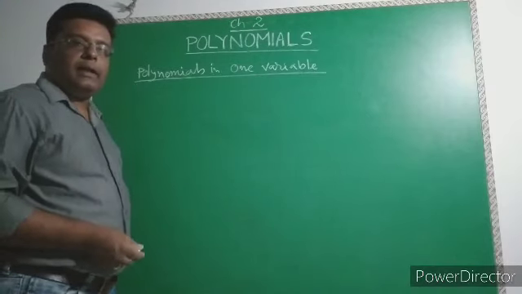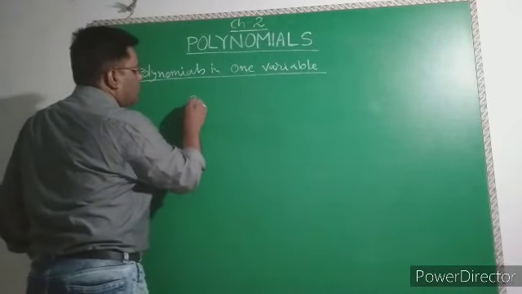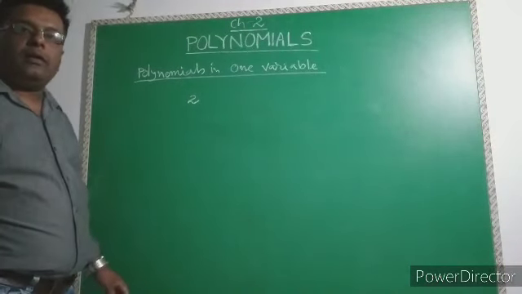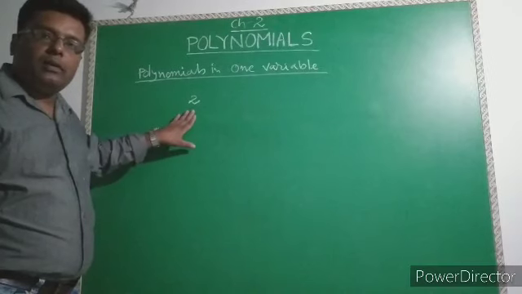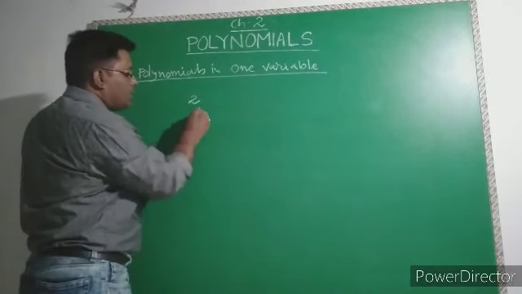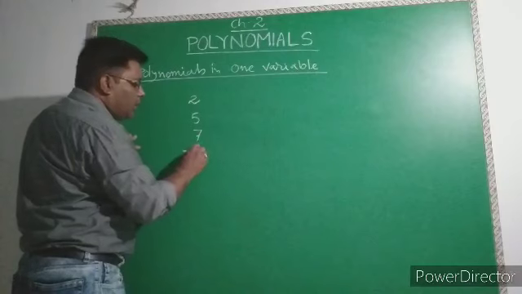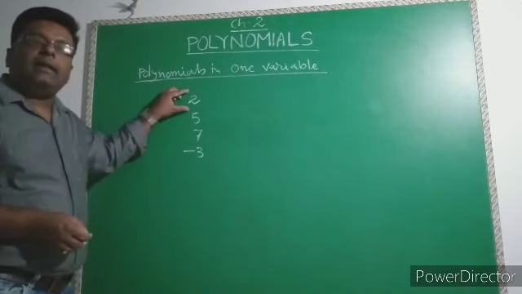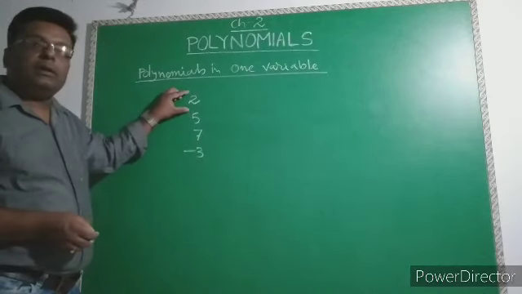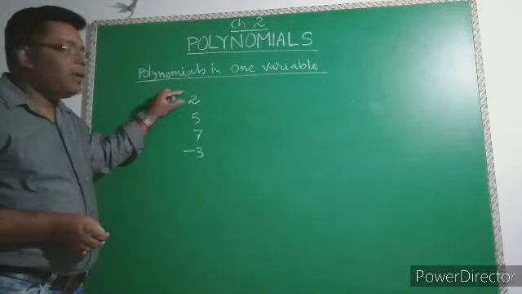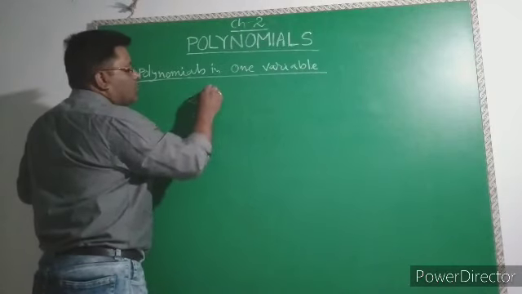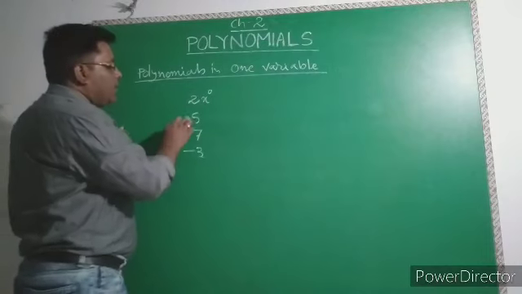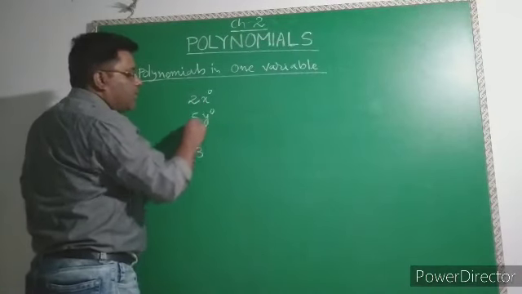Next, if we write only 2 here, is it a polynomial? 2 or 5 or 7 or minus 3, like this. If we write some constant term, then it is also considered a polynomial, because 2 can be written as 2x to the power 0, or 5 can be written as 5y to the power 0.